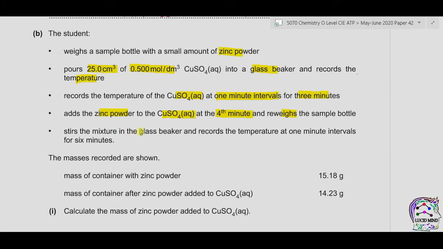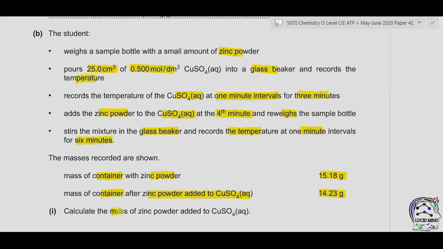Then stirs the mixture in the glass beaker and records the temperature at 1 minute intervals for 6 minutes. The masses recorded are shown. Mass of container with zinc powder is given as 15.18 grams. Then mass of container after zinc powder added to copper sulfate is 14.23 grams.